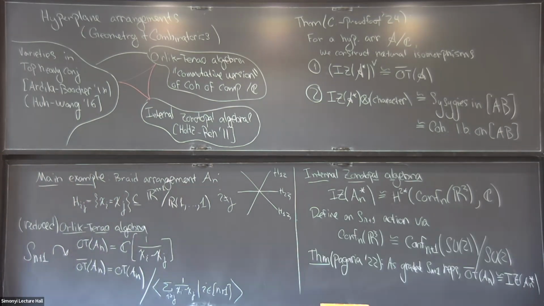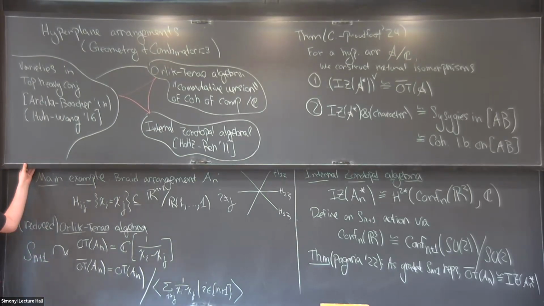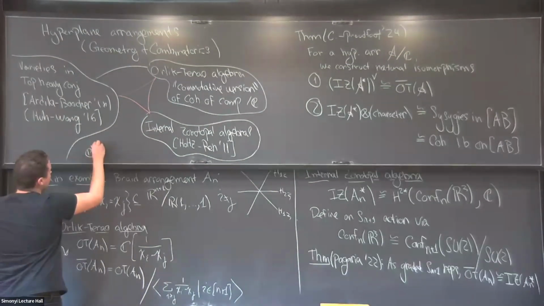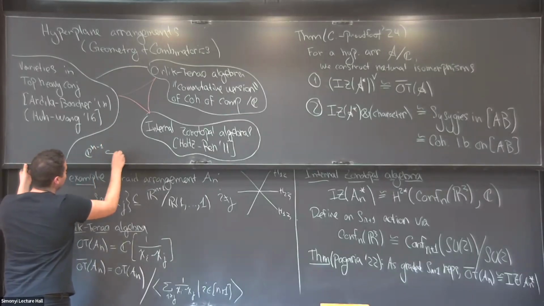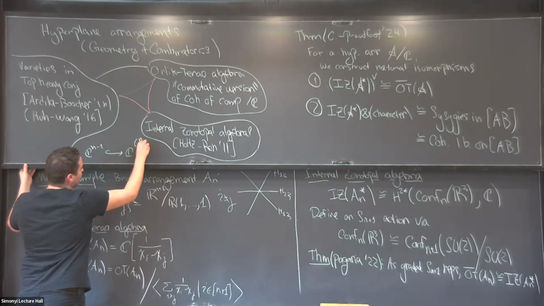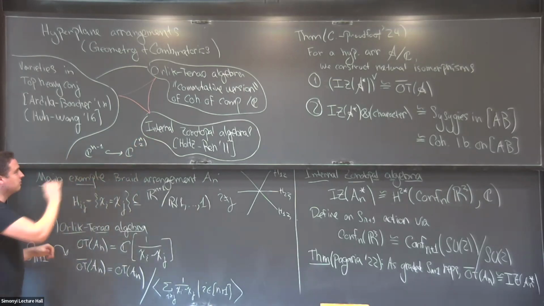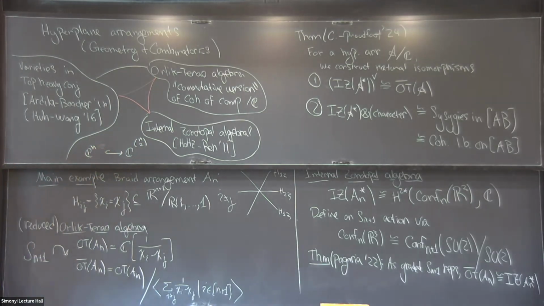You define what this star is. Yeah. So one way to talk about a hyperplane arrangement is, I can use the defining equations to define an injection. So here it would be from C to the n minus 1 to C to the n choose 2, number of equations and dimension of the ambient space, as n. And then what I do is I take the orthogonal complement in the dual coordinate vector space.